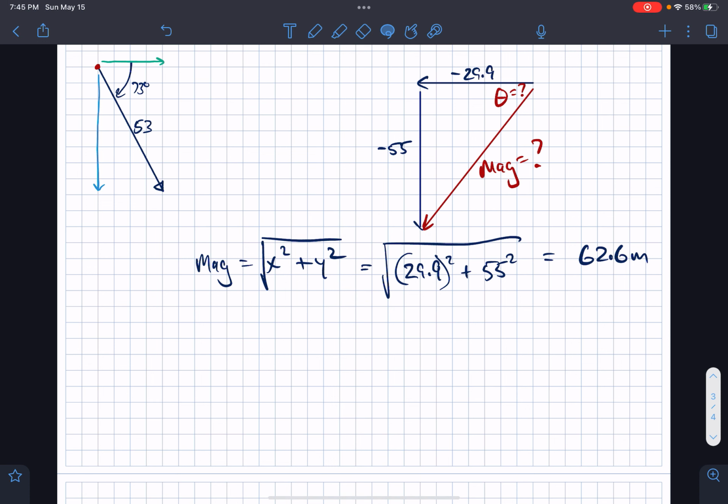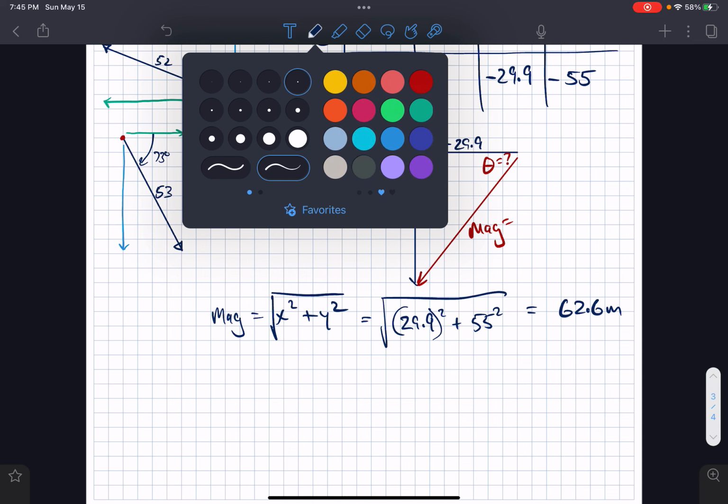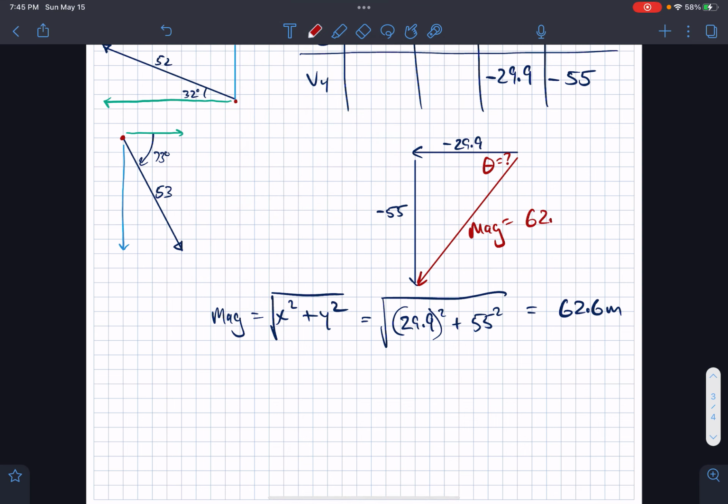All right. Lastly, so our magnitude is going to be 62.6, and I'll put that in here as well, 62.6 meters. At what angle, what direction is that going to be? Well, if we go back to our trig functions, we know that if we have this angle right here, we have the adjacent side and we have the opposite side right here.